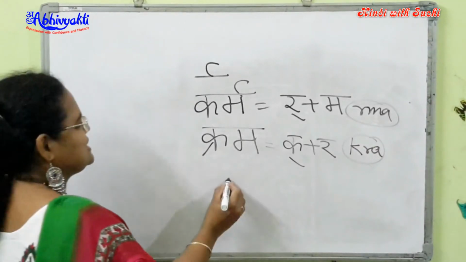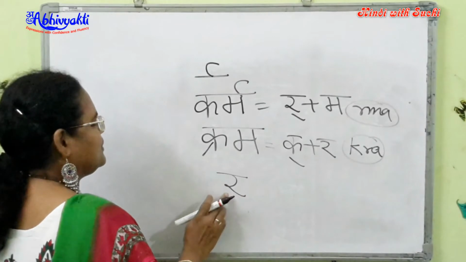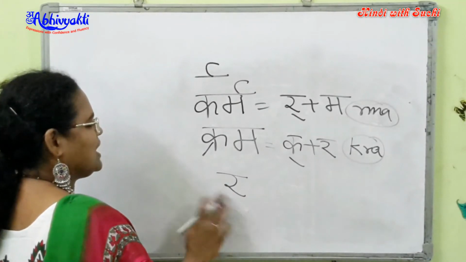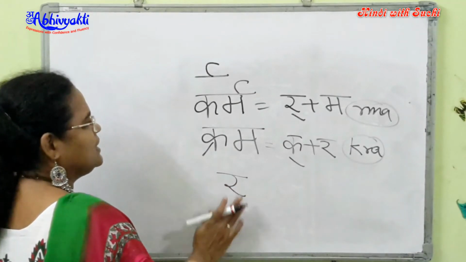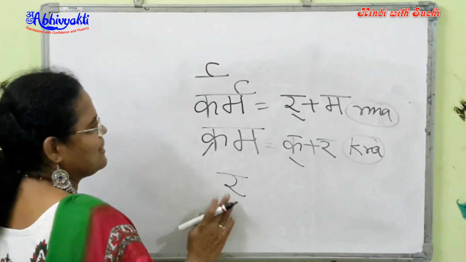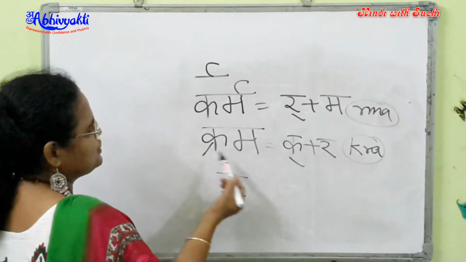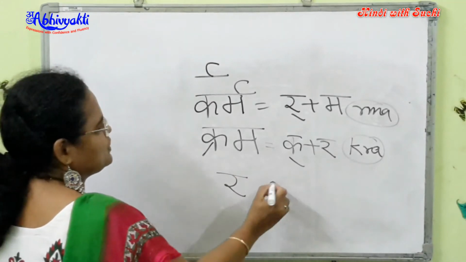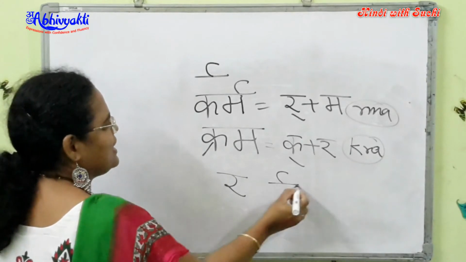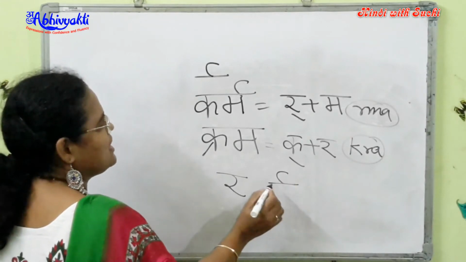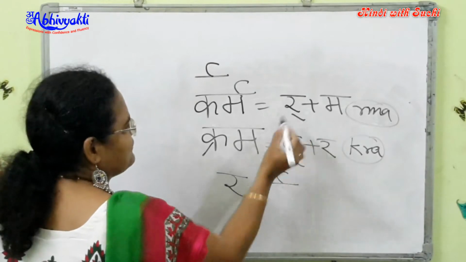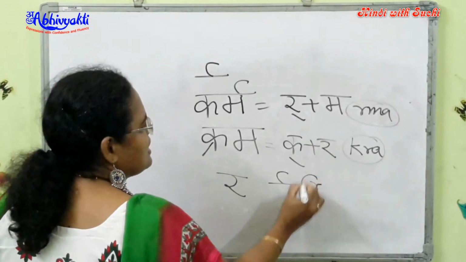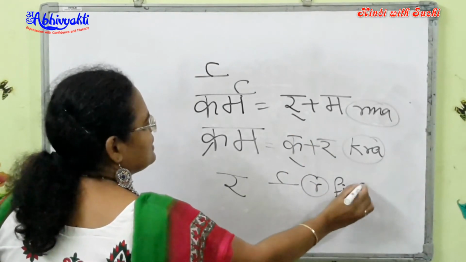So R is a special character where you do not cut it or use it with halant or do anything to it. So when you want to use R in a compound letter, you use two kinds of matras. So the flying R like this over the top line is when you want to pronounce R first. So this means R first.